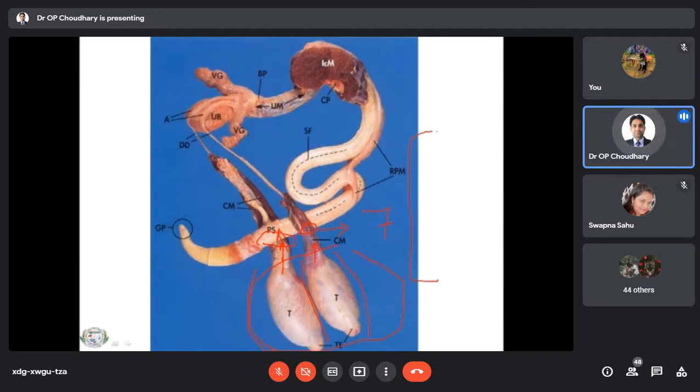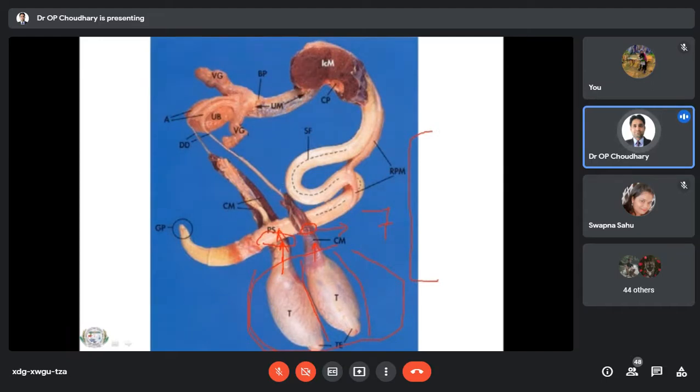But the main important thing is the venous network around the artery, called the pampiniform plexus, present in the spermatic cord. This pampiniform plexus formed by the veins also plays an important role in the thermoregulation of the testicles.